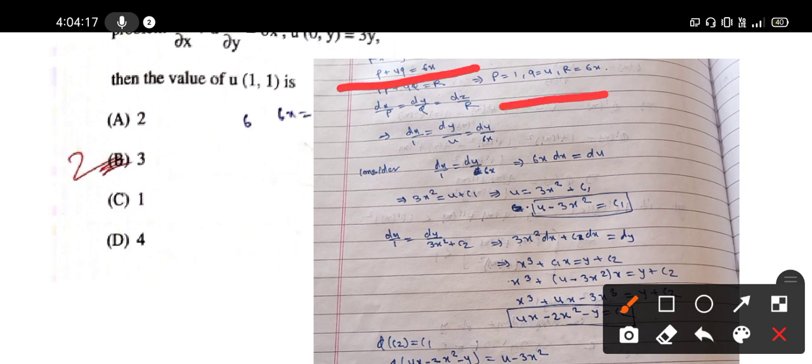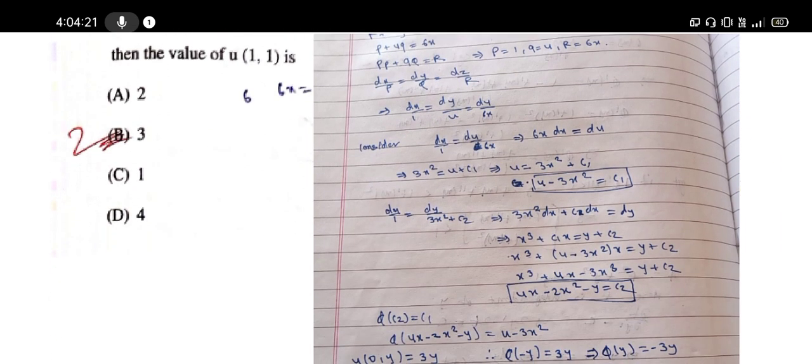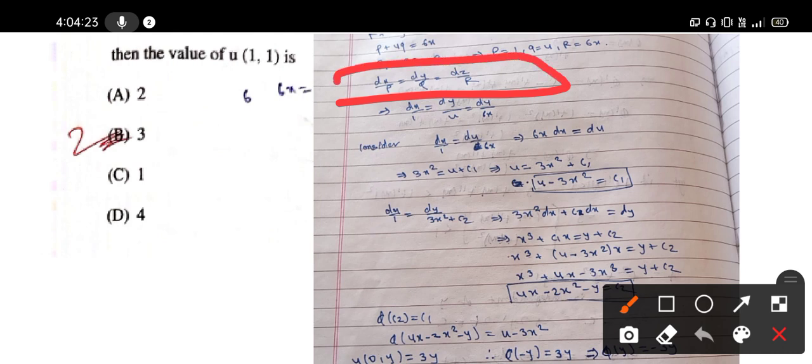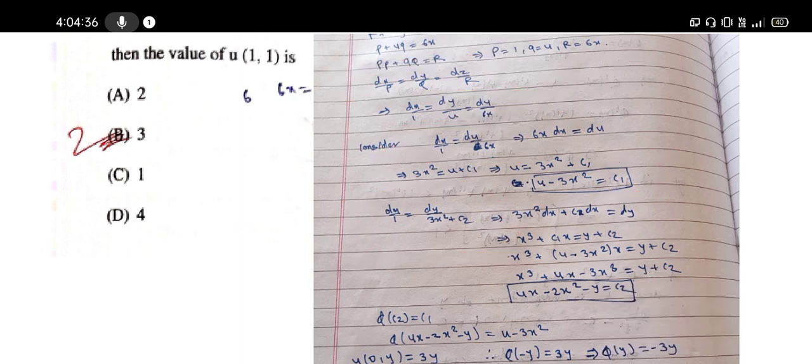Here p is equal to 1, q is equal to u, and r is equal to 6. Using Lagrange's method and putting these values, we get one equality and another, and here we get c1 and here we get c2.